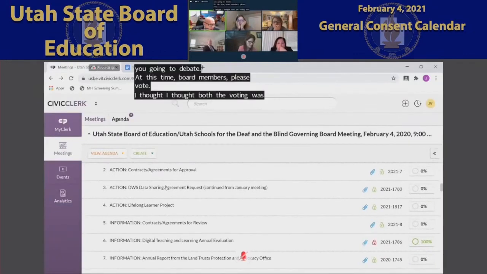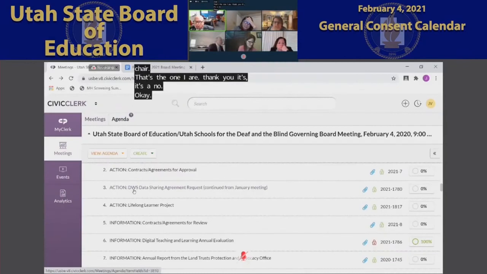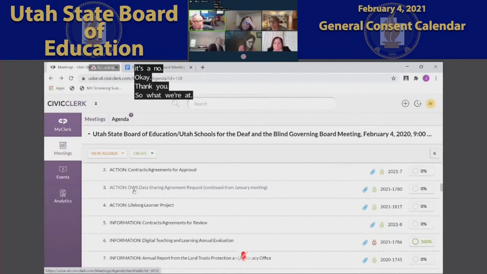Okay. Thank you. So where we're at, we have under number 3, DWS data sharing agreement request as amended with what was passed. Does anyone want to make a motion on the general consent calendar item 3, DWS data sharing agreement request as amended?